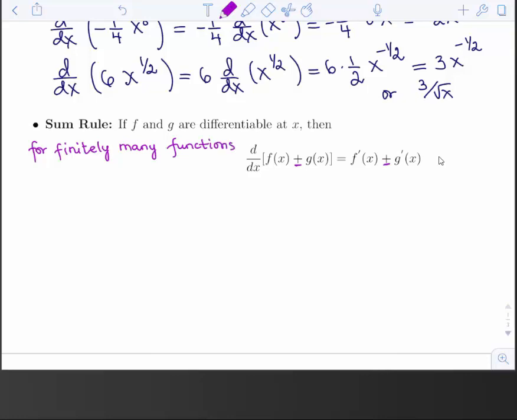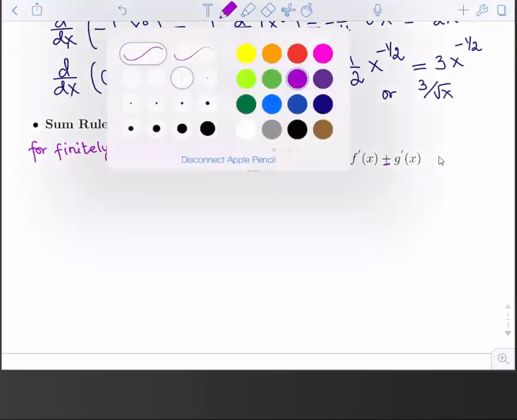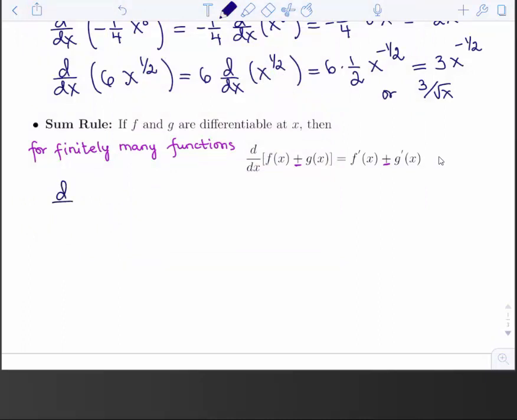All right, let's take a look at some examples here. d dx, let's say we have a function that looks like this, x cubed minus 2x plus 7. We can differentiate each one of these terms and then just add them.